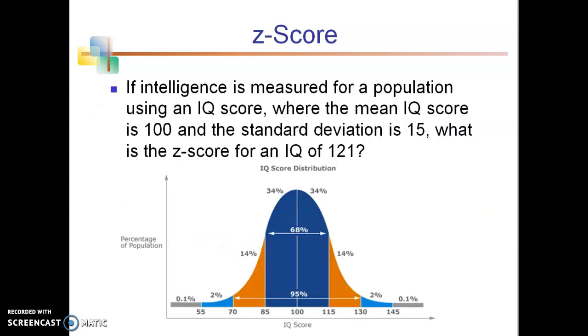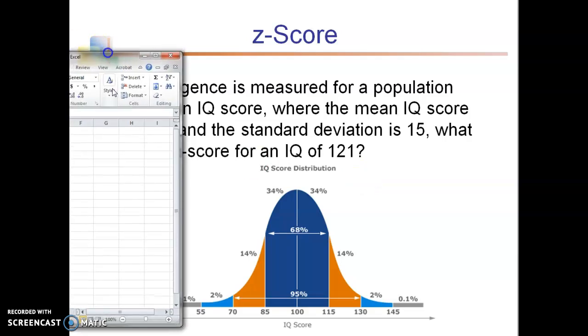An example of this would be with IQ. IQ is often used to illustrate the normal distribution because we believe it is symmetrical in the human population. Let's say that we know IQ has an average, and of course a median, because they would be the same, right, if it's symmetrical, of 100. And we further know that the standard deviation is 15. What would be the z-score for an IQ of 121? Well, we would simply take 121, let me do this in Excel over here, okay.